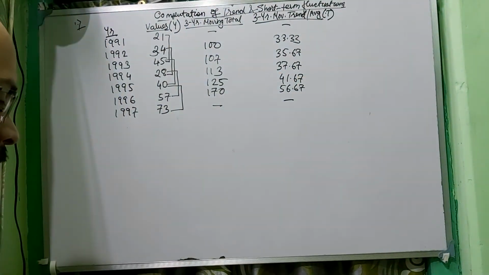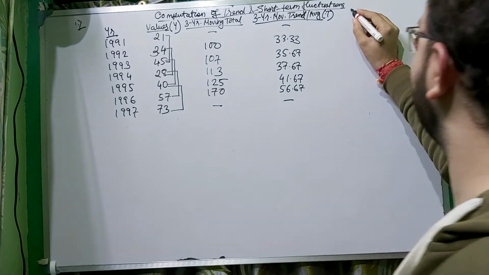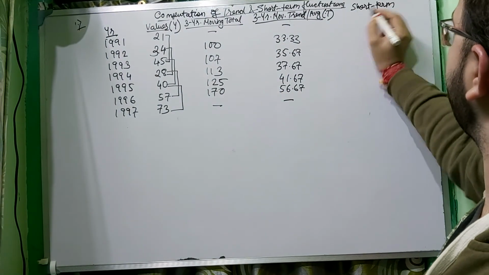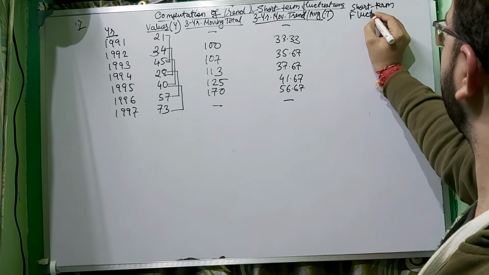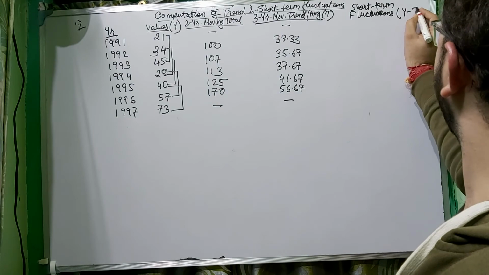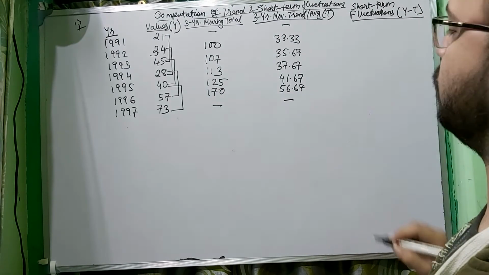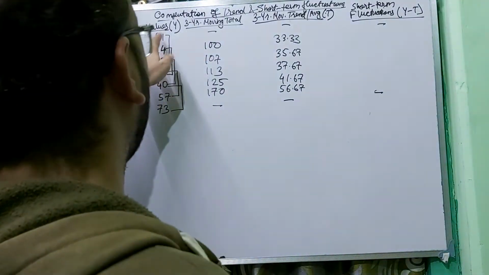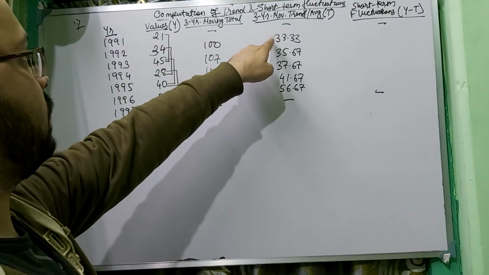Now what will be the short-term fluctuations? Y minus t. How can you calculate? It will be y minus t. Y is the value, 21, and t is the average.